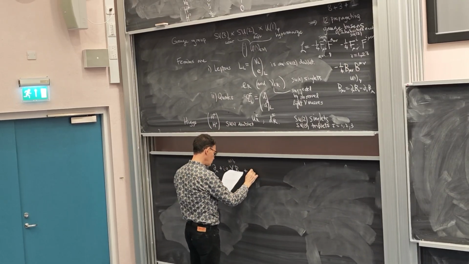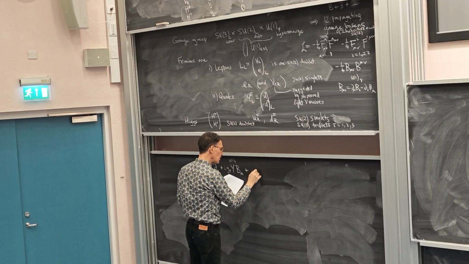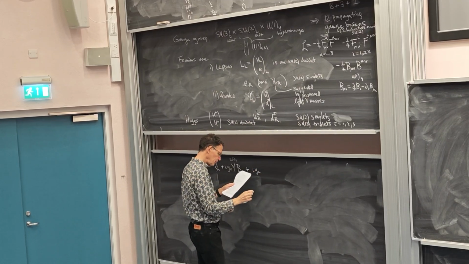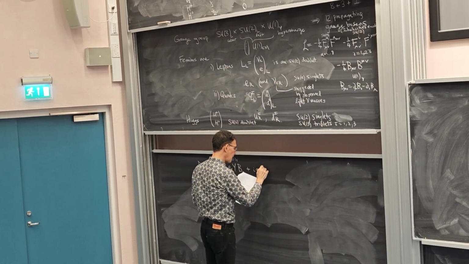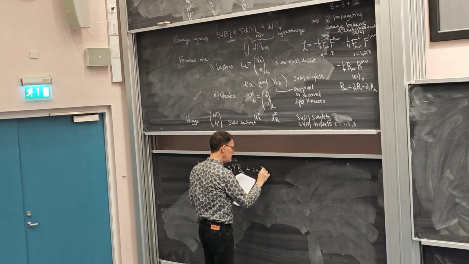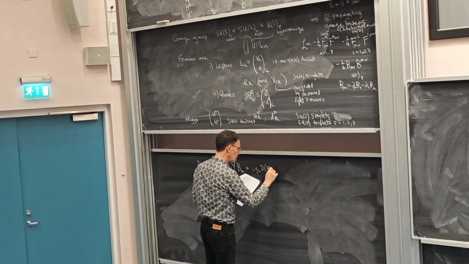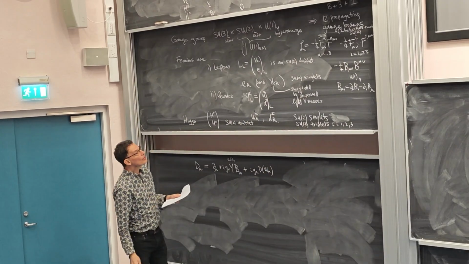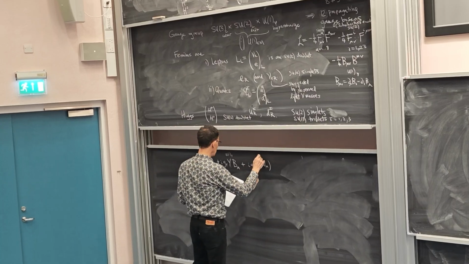And then we have an SU2 part, which is i g2, and then I've got a W_μ. These are the SU2 fields.